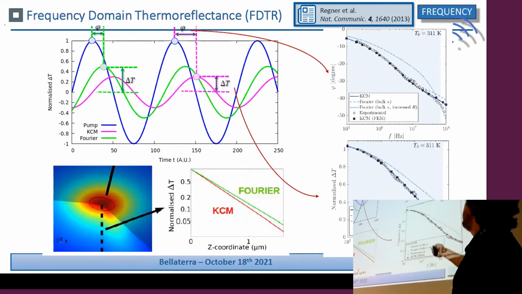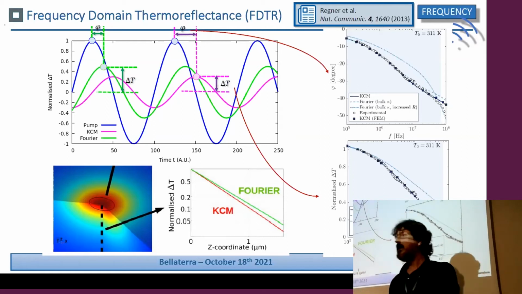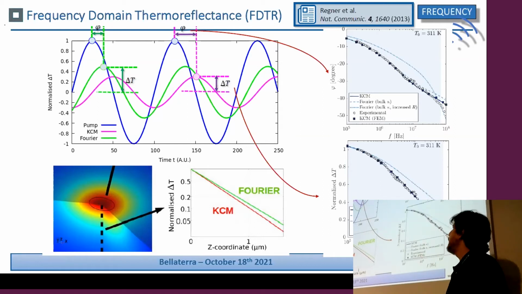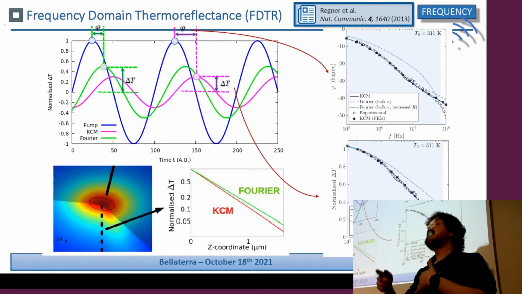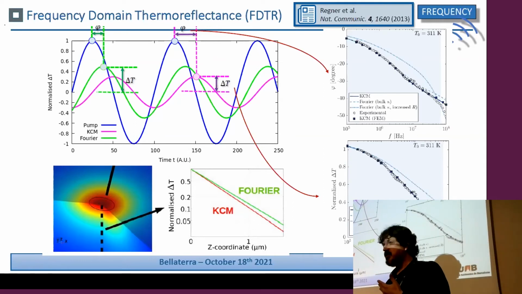And if you do this with KCM, look at this, the solid line, you obtain exactly the correct value for both, for phase and for amplitude. Once again, you have a limit of validity, and it has to do with the relation between the L and the penetration depth.